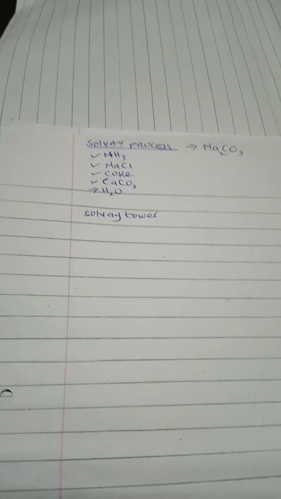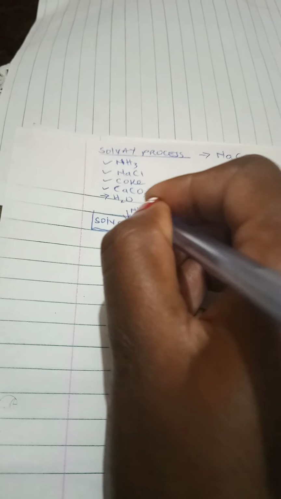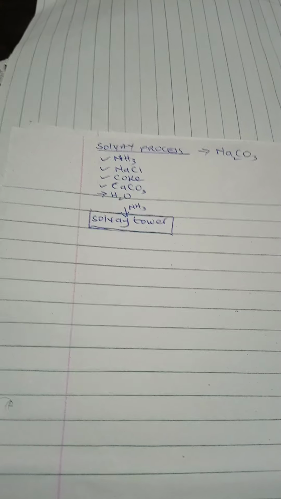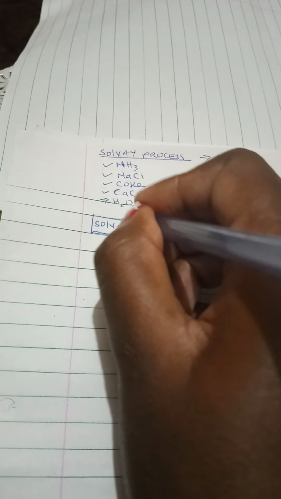Now, we have the Solvay tower, we can also call it the carbonator. So in this tower, we have the reaction taking place. We have the ammonia which is getting in that Solvay process. This is the ammonia.